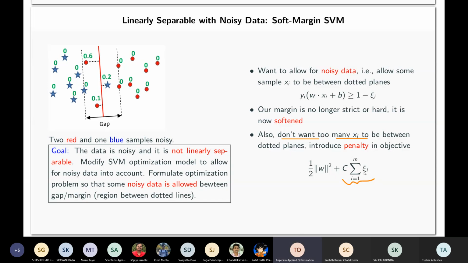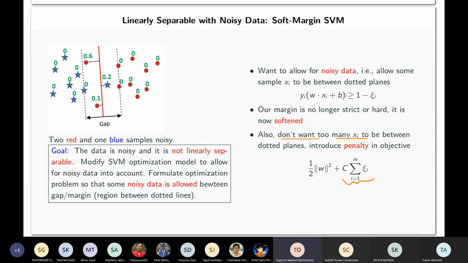Remember penalty, what we learned from the previous class? It's a way to play around a little bit with what I want and what I don't want, right? In this case, what I don't want is too many noisy data inside, so not too many of these ξi.